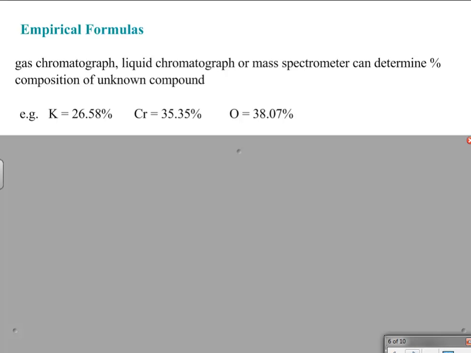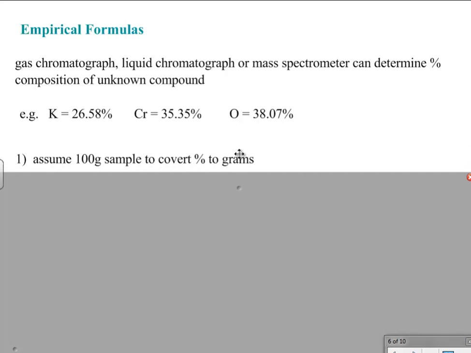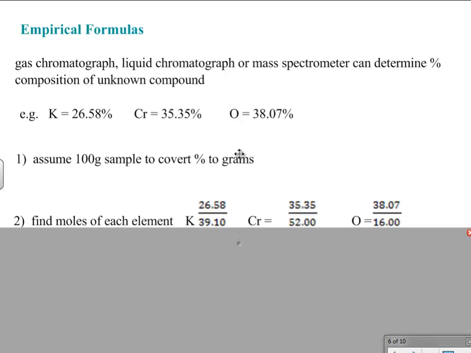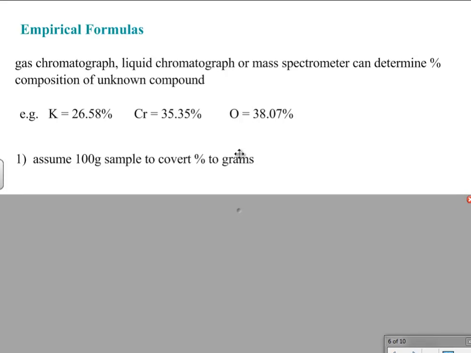Empirical formulas. Once we've figured out the percent of each element in a compound, which we can do using a chromatograph or a mass spectrometer, as we talked about earlier, I take the percentage of each substance and assume that I have a 100-gram sample. That allows the percentage of each element to be converted into grams.